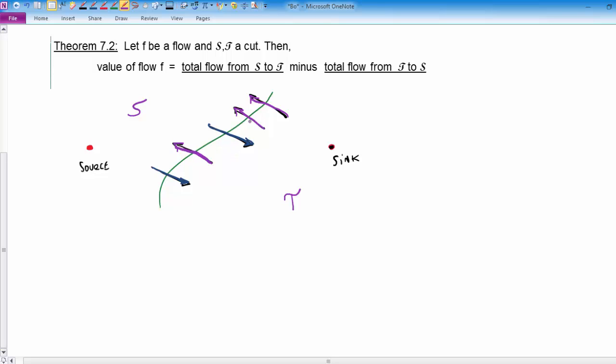We add the flow here, here, and there. That's the total flow from T to S. When we subtract the two totals, we should get the value of the flow, which is the same number, which is the same total of the flow out of the source or going to the sink. That's what the theorem is saying.